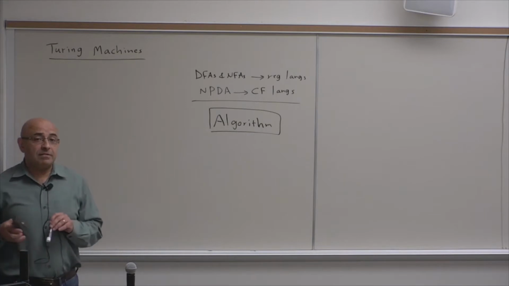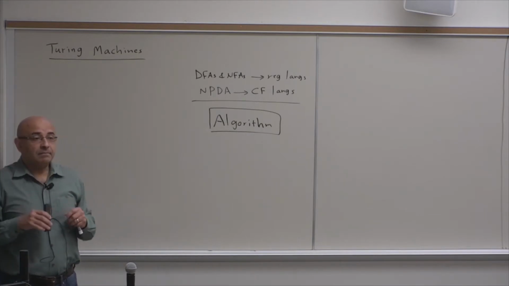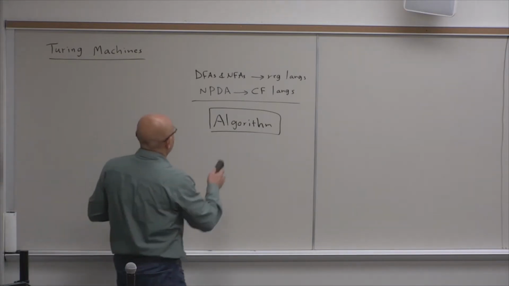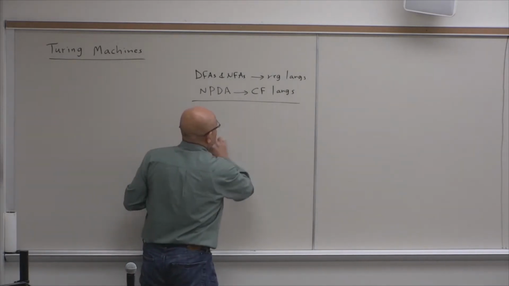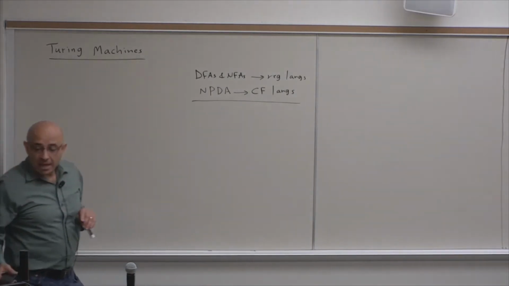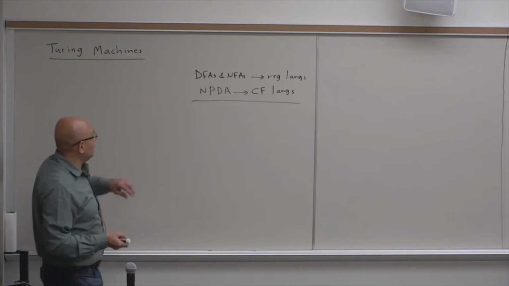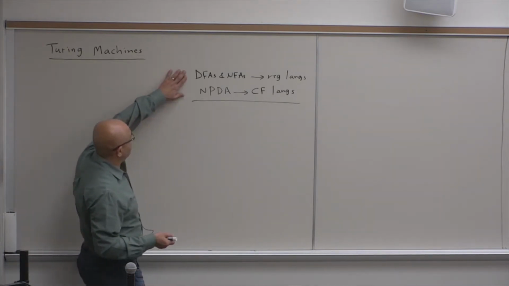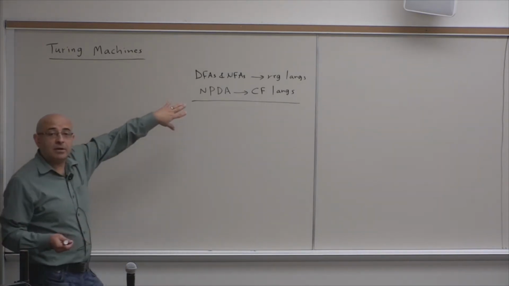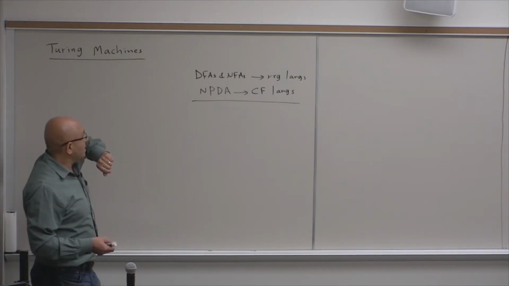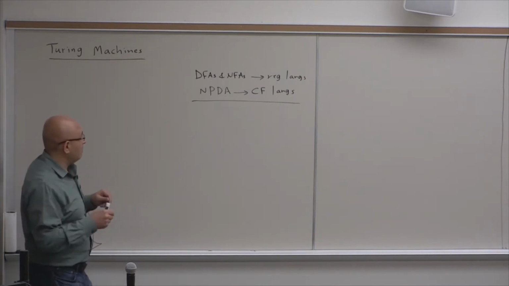Now let me just give a high-level description of a Turing machine and how it differs from finite automata and push-down automata, or how it's a more powerful machine.